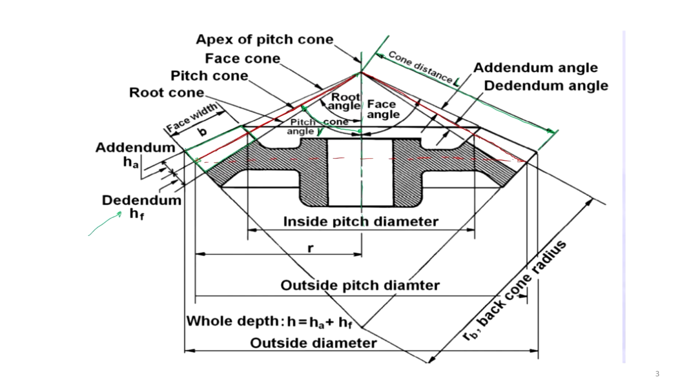This is the addendum of the gear tooth and this is the dedendum. The pitch diameter is also defined from the big end, so this diameter is the pitch diameter of the bevel gear.